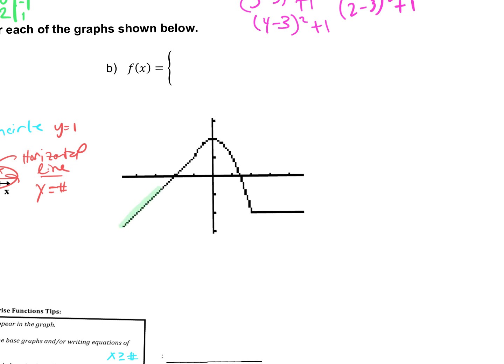This first one is going up here, stops there, because at this point, looks like this pops up and goes around. And then we have this last one that goes here. So there are 3 different graphs. So we need to write 3 different equations.